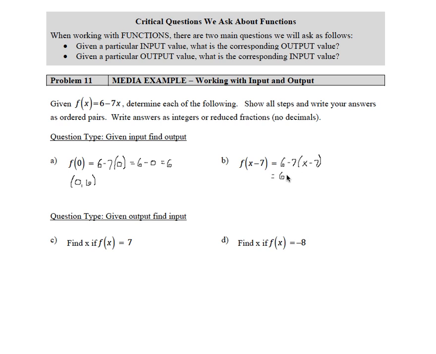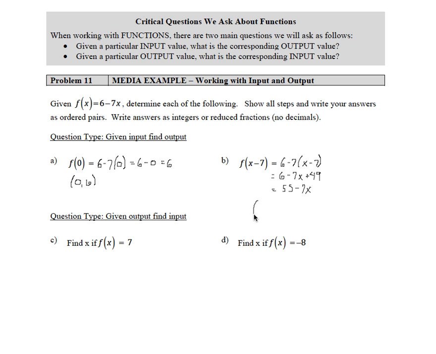So here we have 6 minus 7x, and then minus 7 times minus 7 is plus 49. If we simplify here, we get 55, 6 plus 49, and then minus 7x is our simplified result.